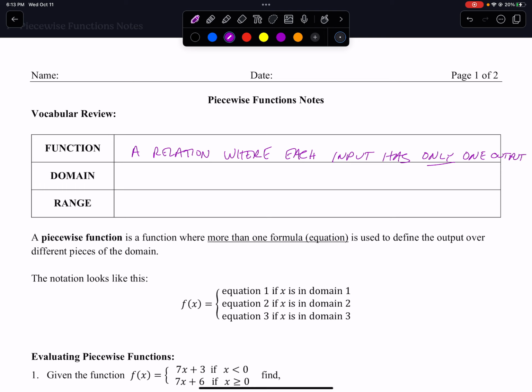A domain is a set of inputs accepted by the function.